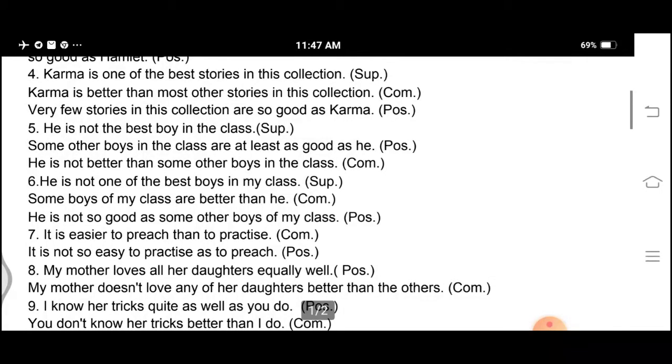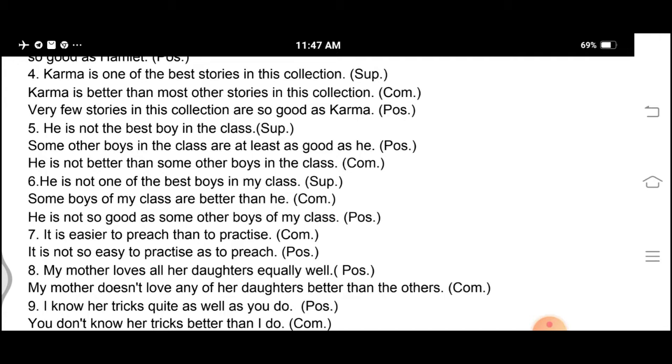Let us move to the fifth sentence. He is the best boy in the class. After looking at best, you can understand it is superlative, because good, better, best. Some other boys in the class are at least as good as he. It is positive. He is not better than some other boys in the class.